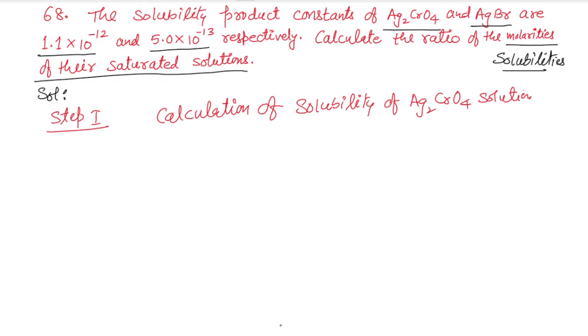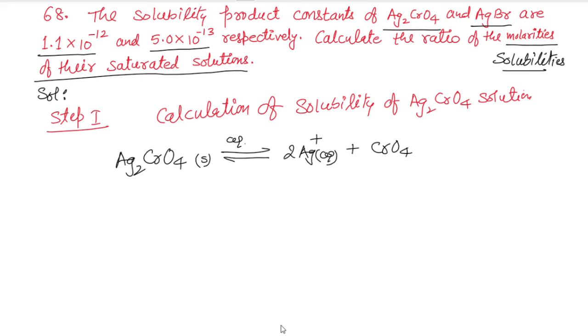To calculate this, we have to write the equation: silver chromate solid in aqueous solution gives 2 Ag plus aqueous plus CrO4 2 negative aqueous. Let the solubility be S, so it becomes 2S, and this is S.